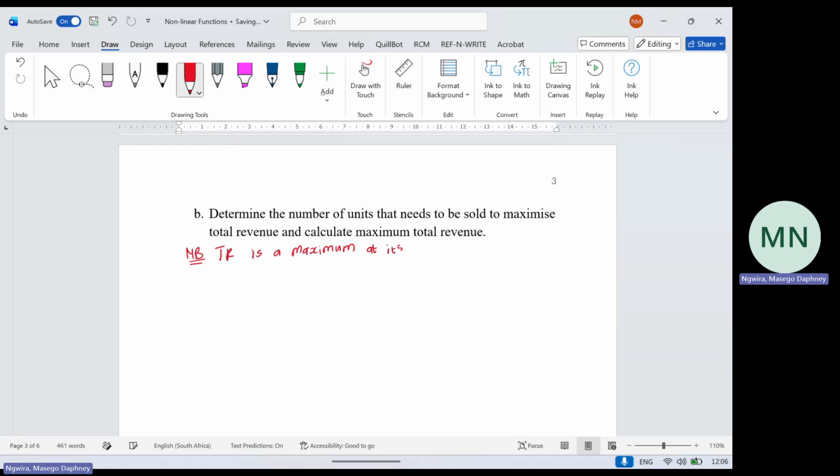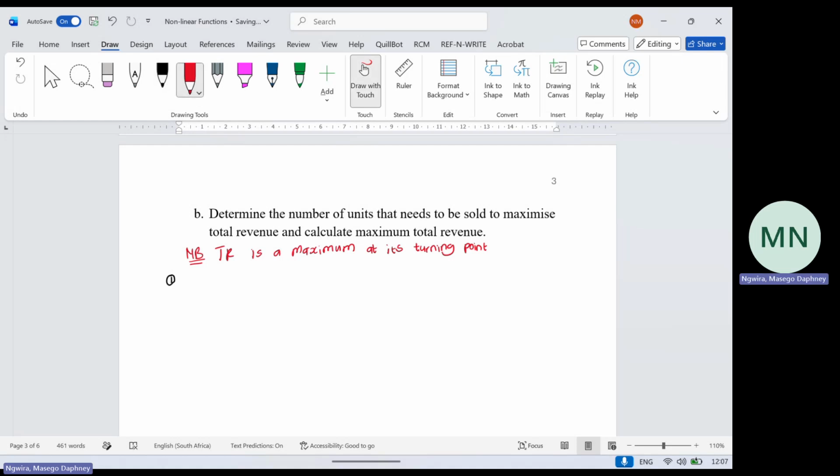If they say calculate the maximum total revenue, it means that now we have to look for the turning point if you want to calculate the maximum. All right, so first thing we have to calculate, they're saying determine the number of units.